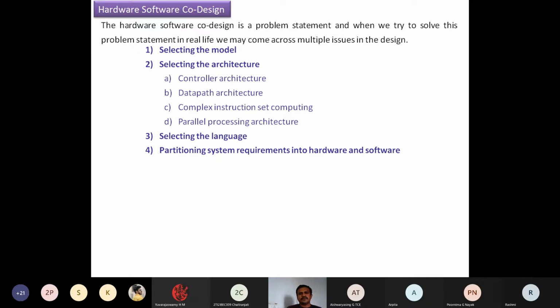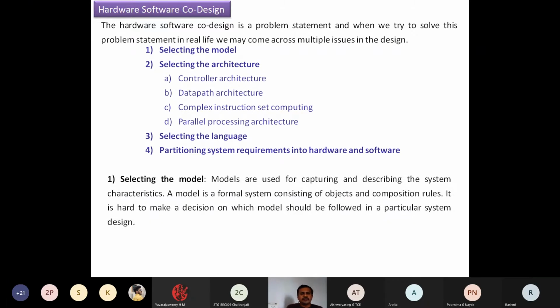So we have in the field various languages. So here high level language, assembly level language, and machine level language. So which one we need to choose, select. Then comes the partitioning the system requirements into hardware and software. So these are the problem statements what we need to initially concentrate regarding hardware software co-design.